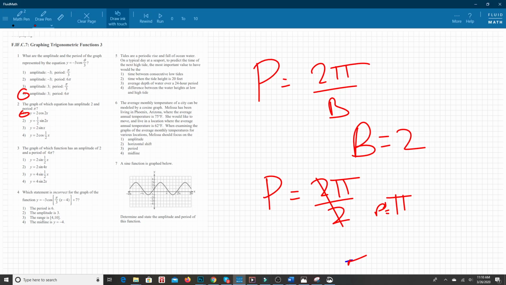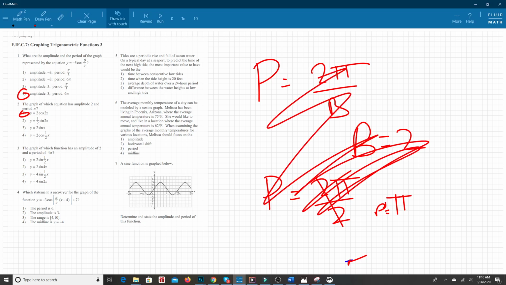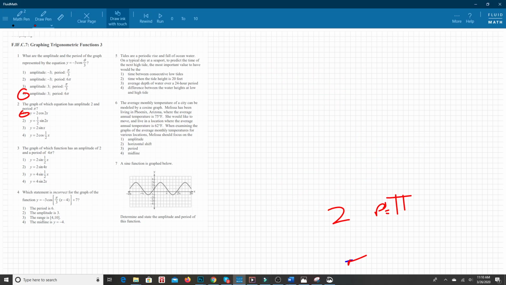So let's look at question 3. This is the graph of which function has an amplitude of 2 and a period of 4 pi.